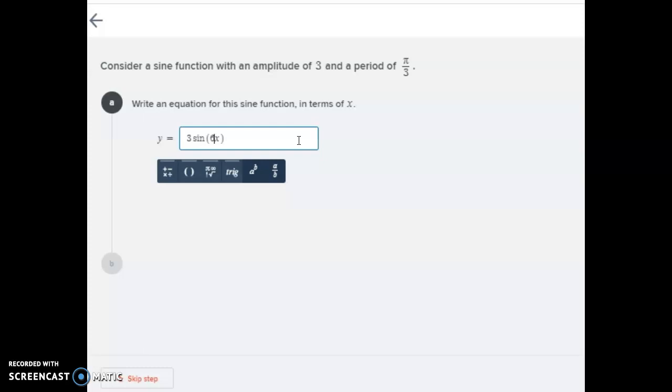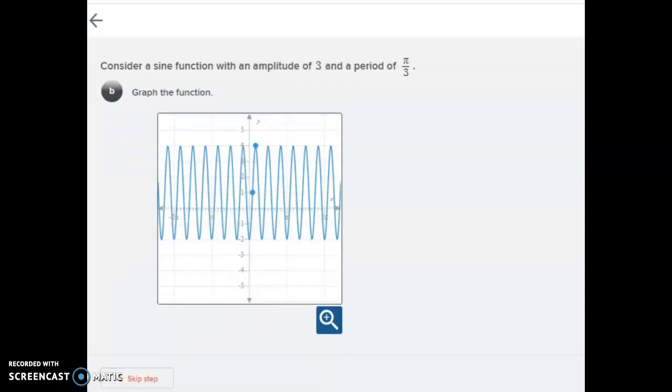So the normal period for a frequency 1 sine wave is 2 pi. This has been compressed to pi over 3. There are 6 pi over 3s in 2 pi. So the frequency is 6. When I press the submit button, I get a green check.